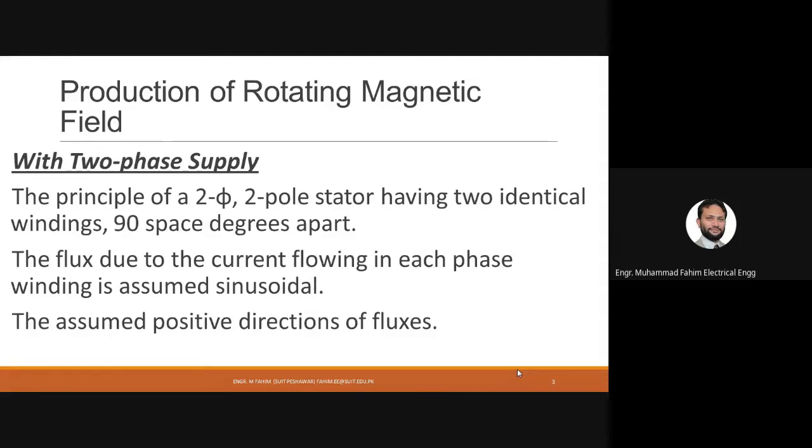Now let's see the production of rotating magnetic field with a two-phase supply. The principle: a two-phase, two-pole stator having two identical windings 90 space degrees apart. Okay, two phase, two pole, two identical windings, 90 degrees space apart, so they are placed at 90 degrees to each other. Now the flux due to the current flowing in each phase winding is assumed sinusoidal.